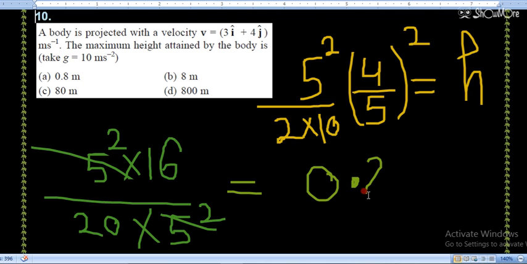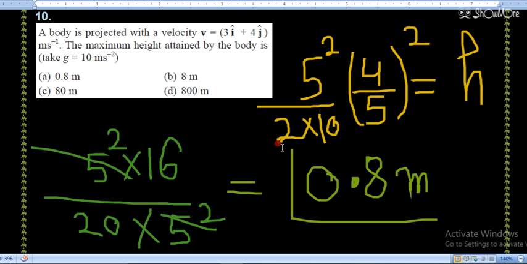This will be the right answer for the given question.